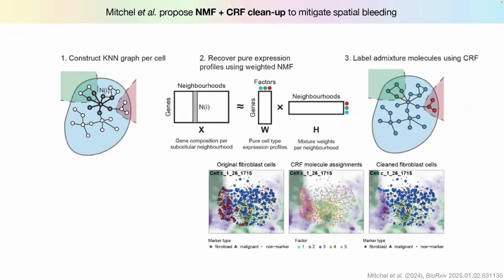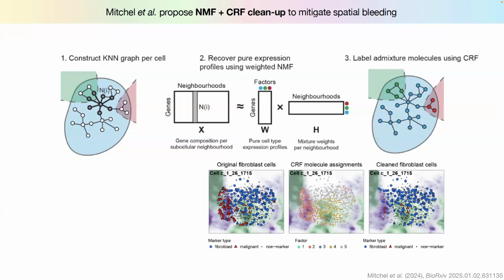Here's an example where this is a malignant cell, with malignant markers and fibroblast markers. This approach would cluster them into five, but three dominant groups. One is over here, one is over here, and one is over here.